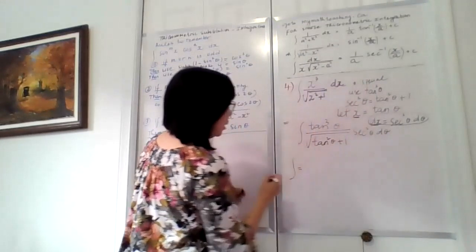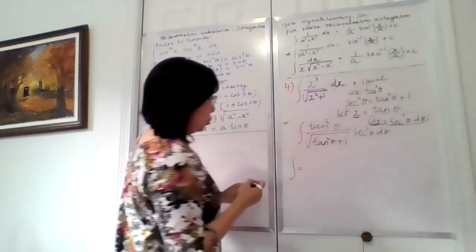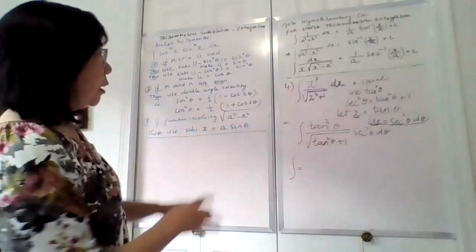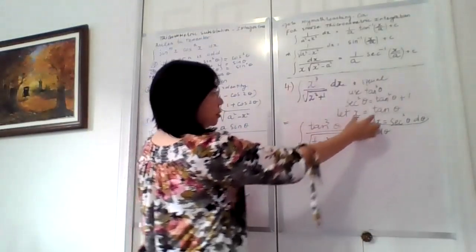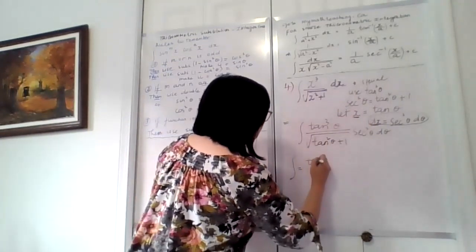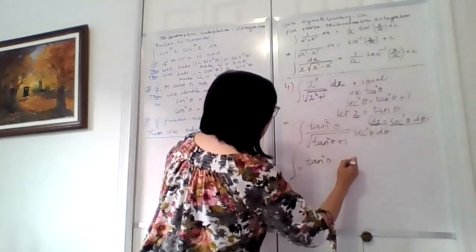So now what do I have? Now I'm going to, let me see what else I forgot. Actually, sometimes I do forget, right? Okay, so I'm going to change this into this. That's our purpose. So on top, I'm going to say the tan square theta.